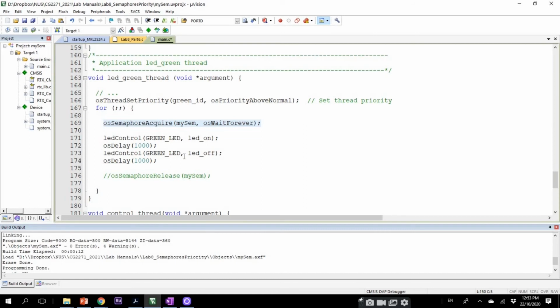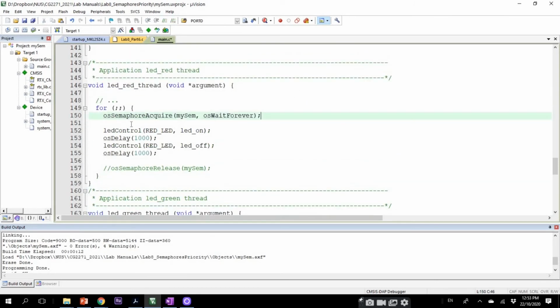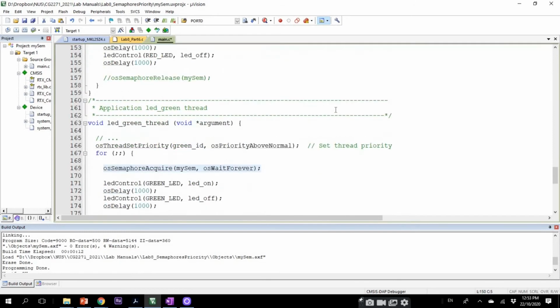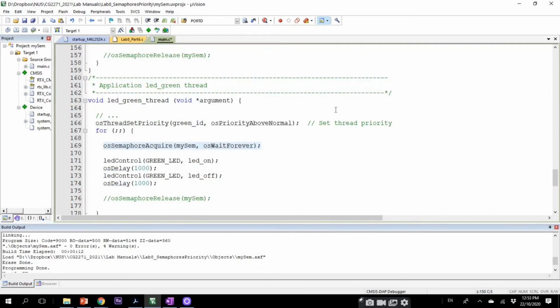Okay, so what I've done here is exactly the same code as before. The only thing is the green LED thread's priority has been raised after the red LED has acquired the semaphore. So always remember, the red LED thread was the first one to run, because when they were created, they were all created with the same priority, and the red LED thread was created first. So that was the first one to run and acquire the semaphore. After that, the green LED thread was able to run.